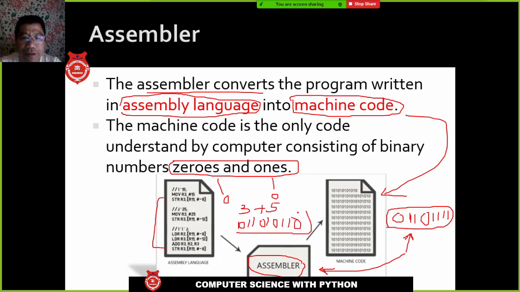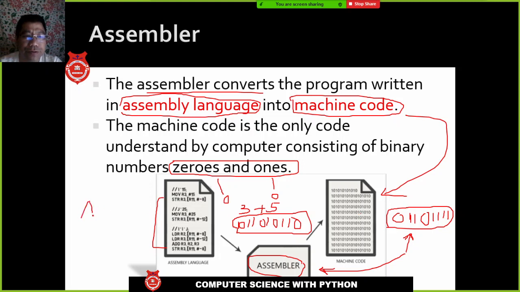So the meaning of 3 plus 5 may be 1 0 1 1 0 1 0 1 1 0, something like this, which is understood by a computer. But for a human being, this is very, very difficult. So they developed assembly language, which looks like English.